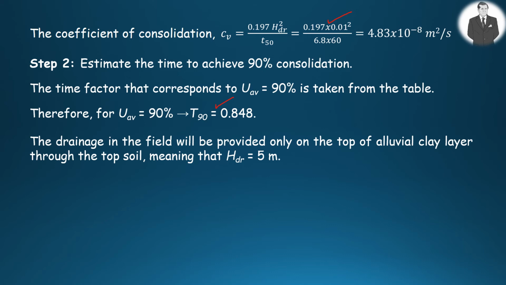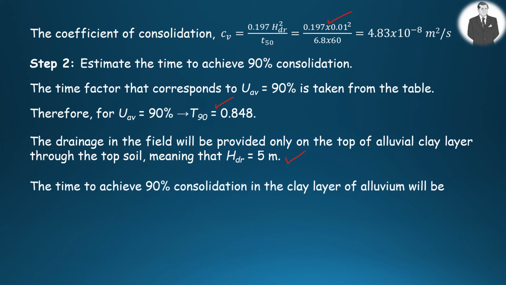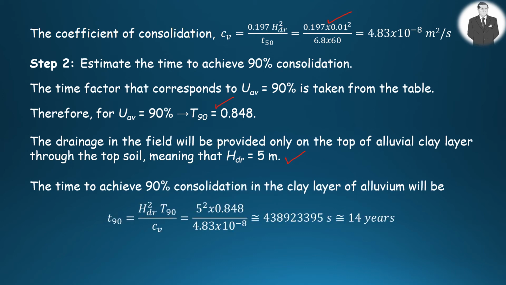Since the drainage in the field will be provided only at the top of the alluvial clay layer, the drainage path is equal to the thickness of the clay layer, which is 5 meters. The time to achieve 90% consolidation in the clay layer of alluvium will be 14 years as shown.